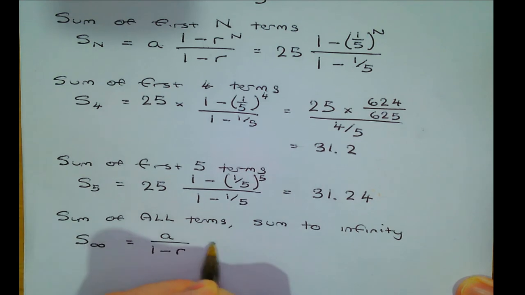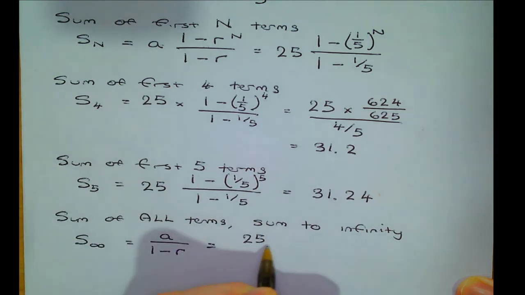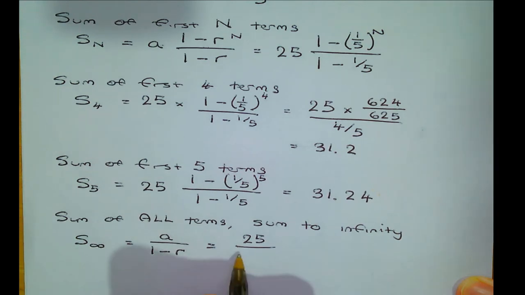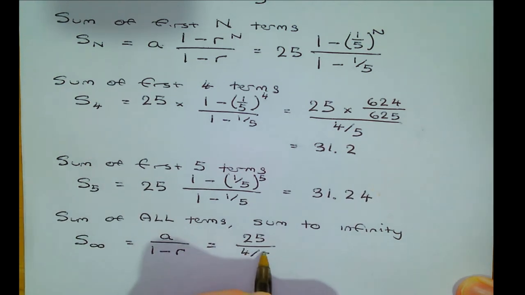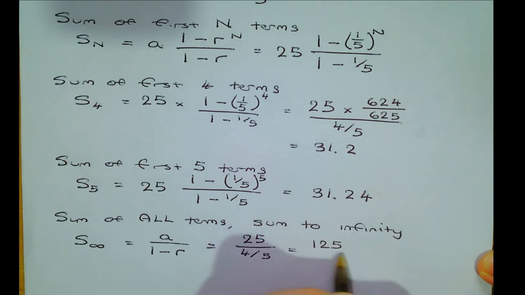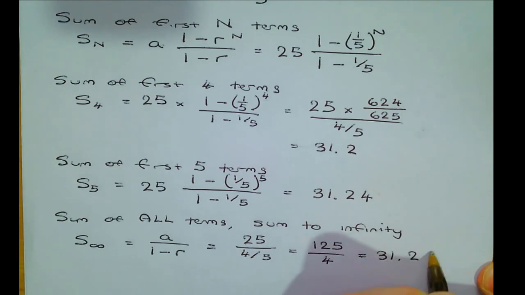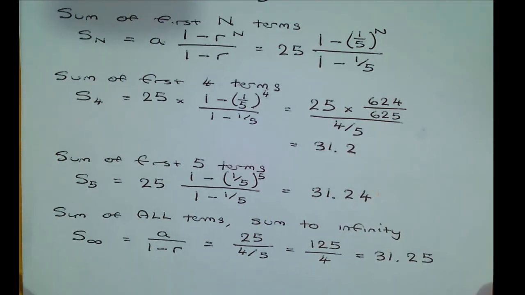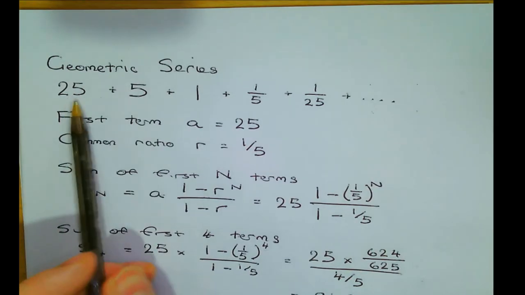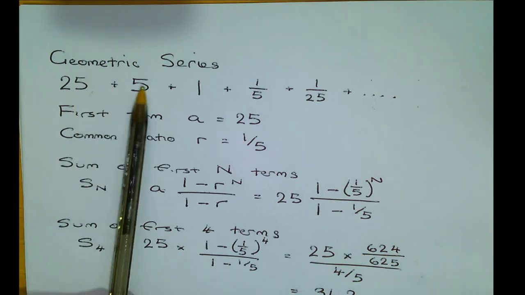In this case, we will get 25 over 1 minus 1/5, which would be 4/5. We'd get 125 over 4, which of course in decimals comes to 31.25.